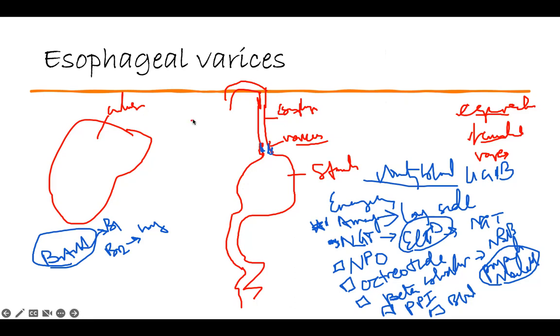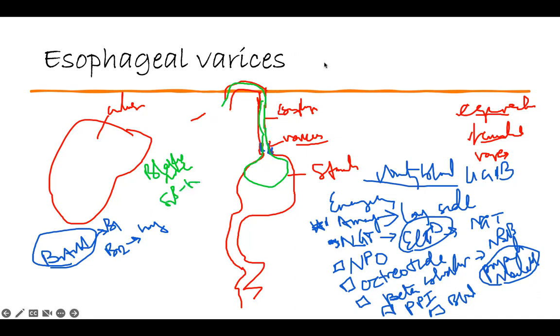So this is the SB tube. It goes down the esophagus, coming down into your stomach, and it has a balloon. This is what we call the Blakemore tube, or SB tube.